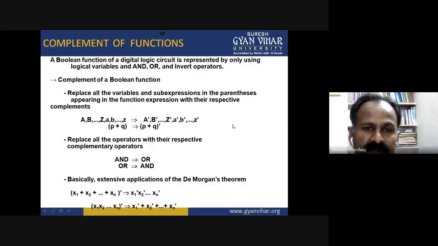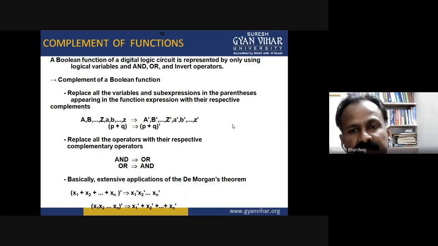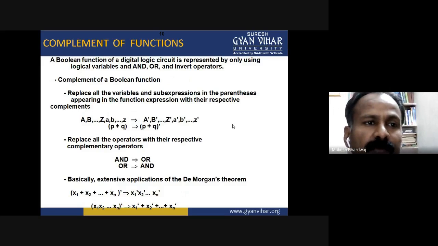A Boolean function of a digital logic circuit is represented by only using the logical variables and AND, OR, and invert operators. Logical operations can be expressed and minimized mathematically using the rules, laws, and theorems of Boolean algebra.